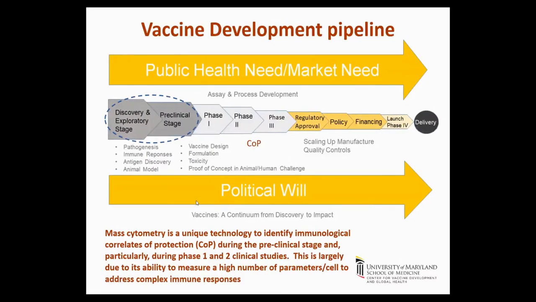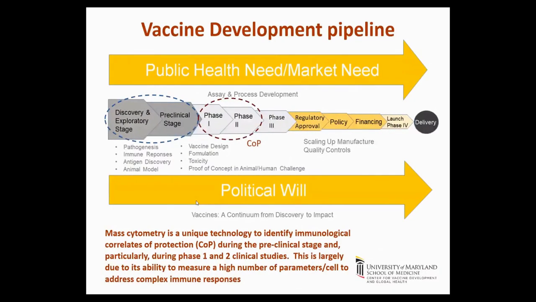And those vaccine candidates that are deemed appropriate proceed into the phase 1 and phase 2 studies, which are small human studies, in which many immunological studies are performed in an attempt to identify the immunological correlates of protection, and to verify that the immune mechanisms identified during the preclinical stage are also translatable to humans.